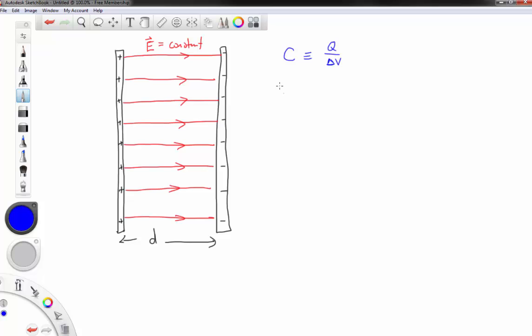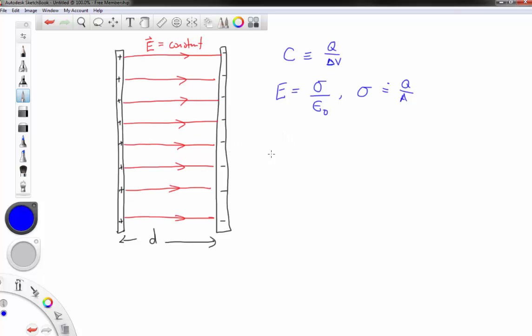So an infinite plane of charge has an electric field which is given by the charge per unit area divided by the permittivity of free space. And so recall that sigma is defined as the charge per unit area.